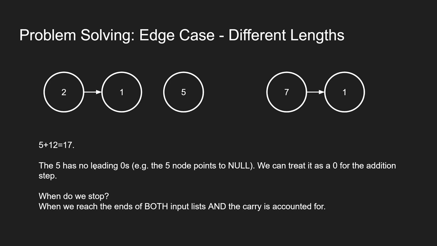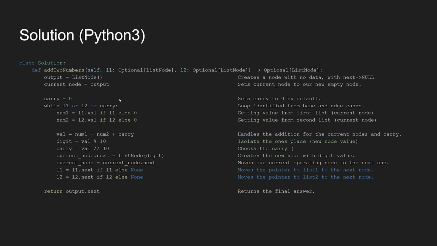So even though they don't give the leading zeros, for example 5 pointing to 0, you can replace that with an if condition to return a 0 in that case. And that is the final edge case before actually starting to solve.